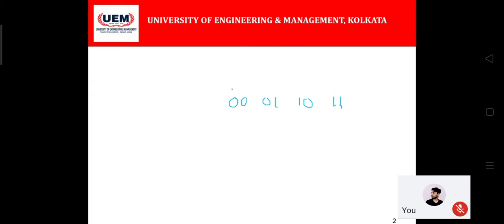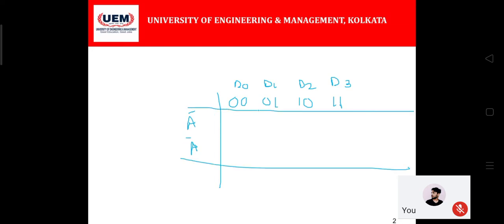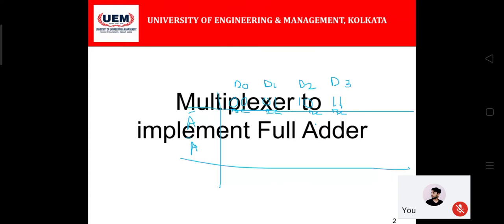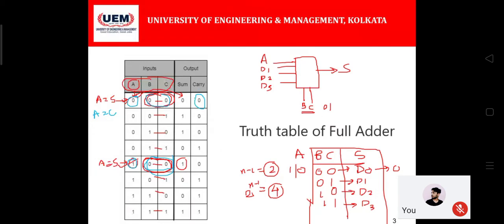This is D0, D1, D2 and D3, and the two values of A are A bar and A. So this is the table of the multiplexer, and these are all four possible values of B and C. Here we will go to the truth table itself.